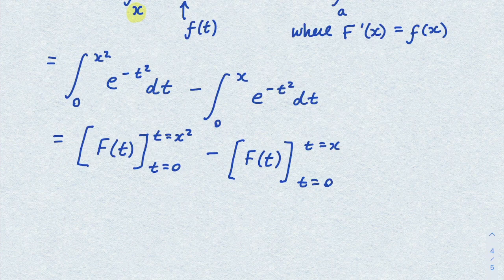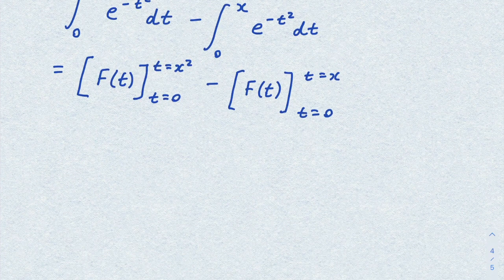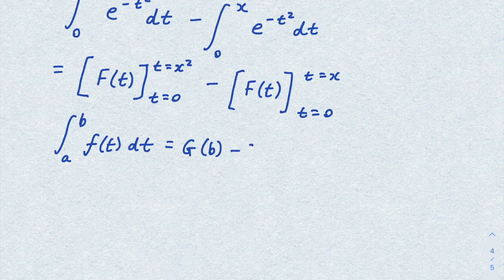So now we can evaluate these integrals using the fundamental theorem of calculus part 2. So remember that this is the integral from a to b of lowercase f of t, and we're integrating with respect to t. And this is equal to some antiderivative G evaluated at b minus G evaluated at a.